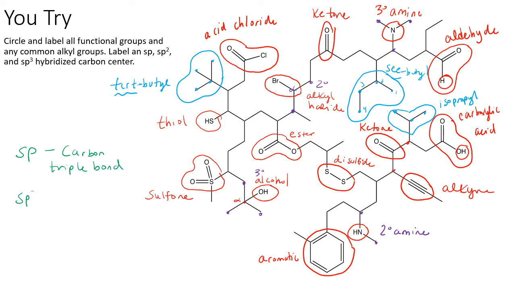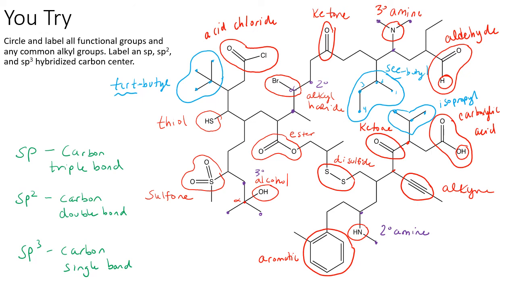An sp2 hybridized center is going to be a carbon with a double bond. So the triple bond would be linear, 180 degrees. The double bond would be trigonal planar, 120 degrees. And an sp3, easiest, would be a carbon that's all single bonds. And so that's going to be tetrahedral and 109.5 degrees.